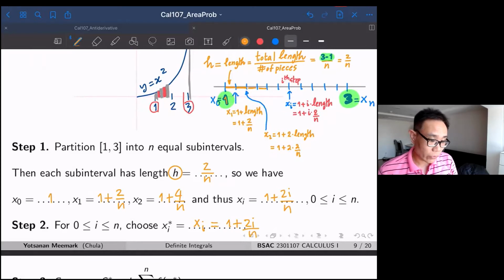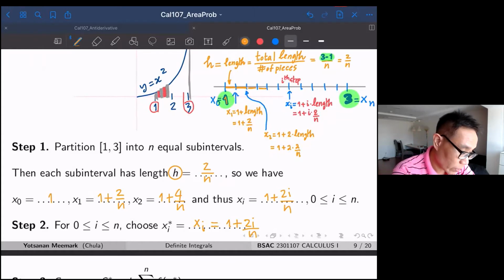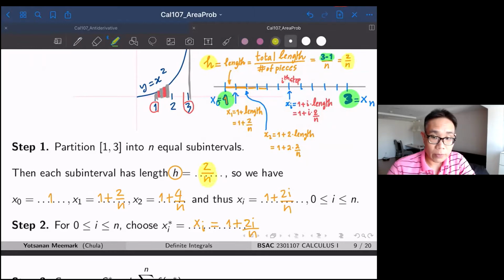So you see that the thing that we have is that you need to compute h, and my h turned out to be just the total length. My h turned out to be just the total length divided by the number of pieces that you have here. So it's going to turn out to be just what?